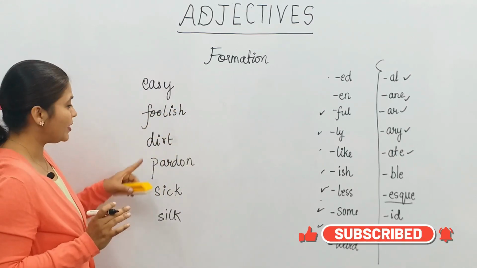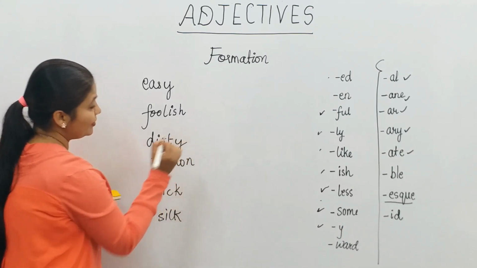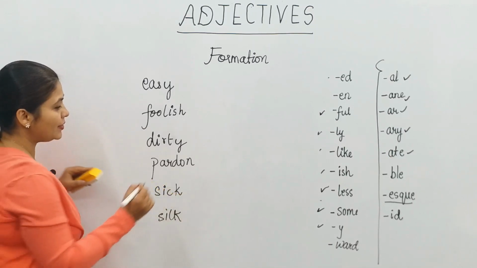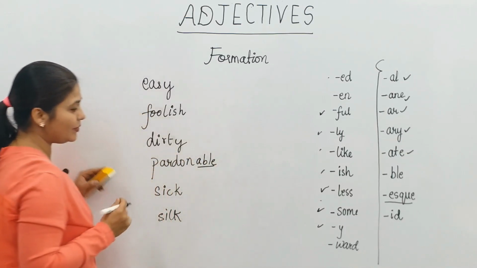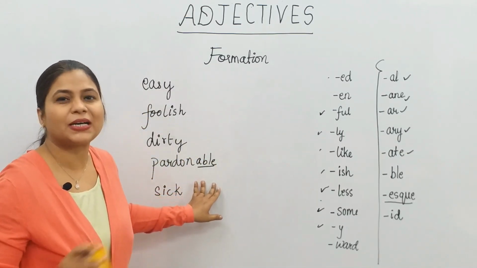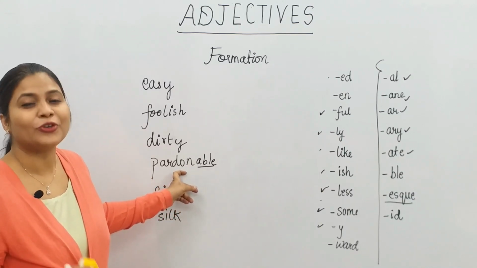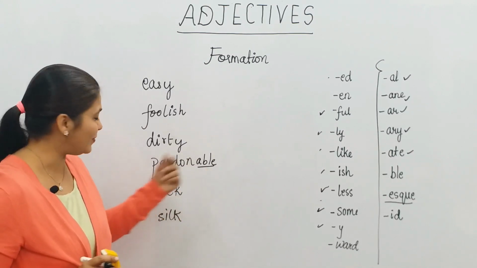Adjective. Dirt. Put a Y. Dirty. Adjective. Pardon. Pardonable. ABLE. It isn't a pardonable crime. You have used an adjective. You made it by adding the suffix ABLE.